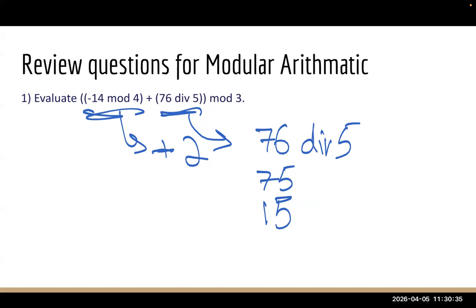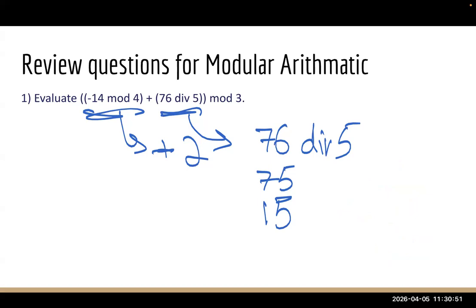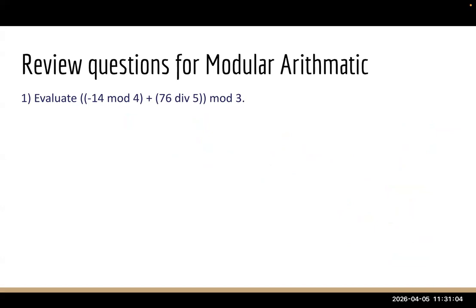We do not care about the remainder over here. We just want to find the quotient, whatever the quotient is. So this equals 2, this equals 15.